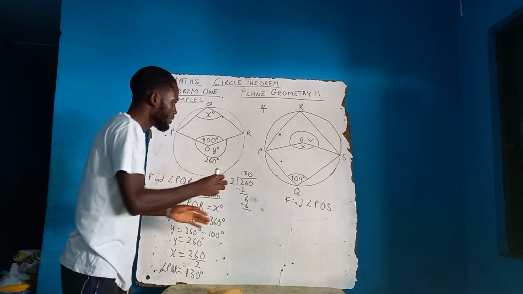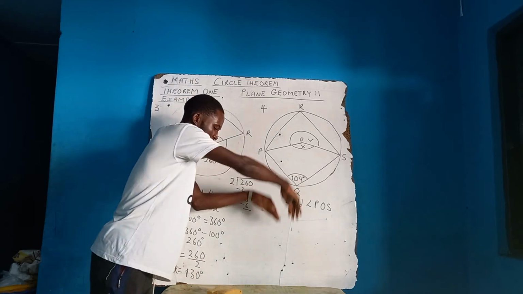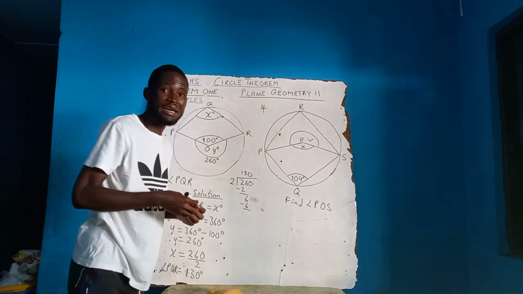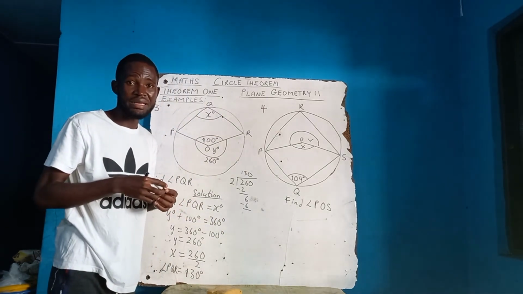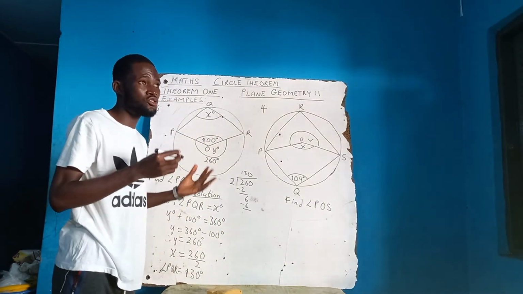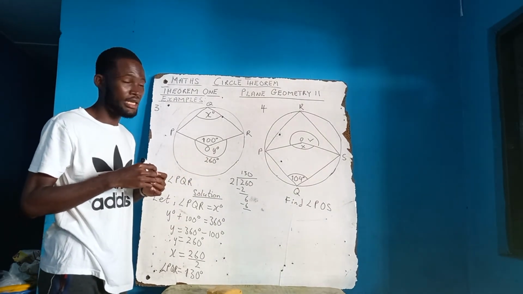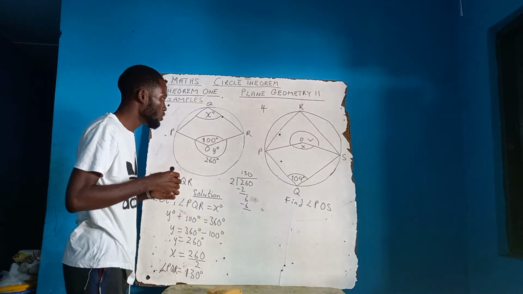So you realize that the angle at the circumference is facing the bottom, and the angle at the center is also facing the bottom. And that is how it actually goes, per the demand of the structural diagrammatic display of Theorem 1. Okay, so we'll actually set sail from there.